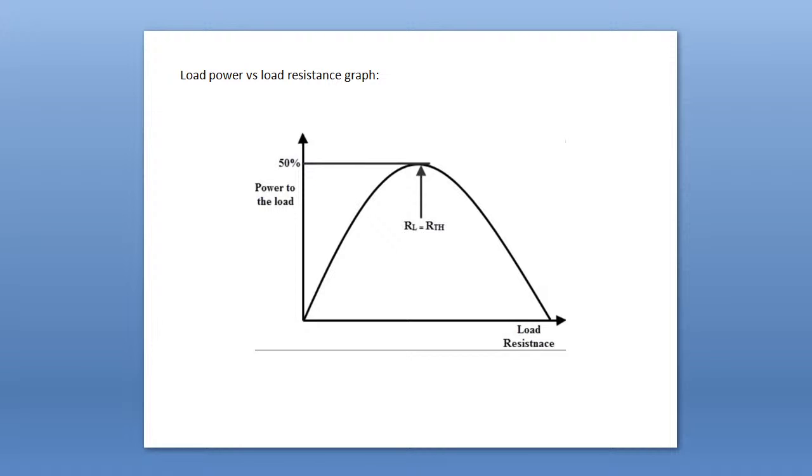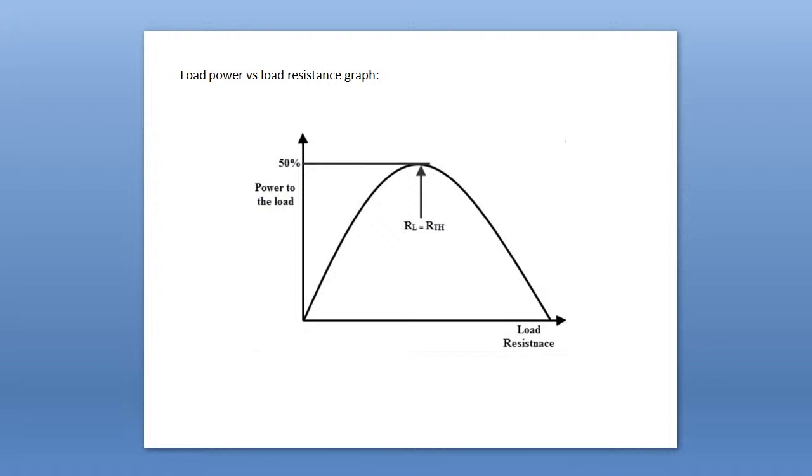About others, what will happen if load resistance is equal to the Thevenin resistance? You have already completed this experiment, but you have some doubts about this experiment. You tell me what will happen if RL equal to RTH.